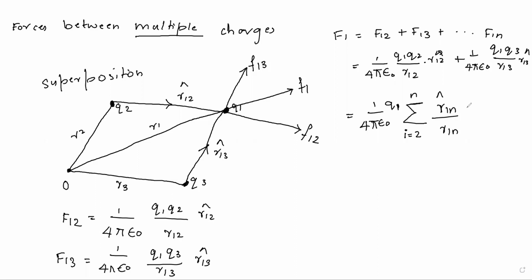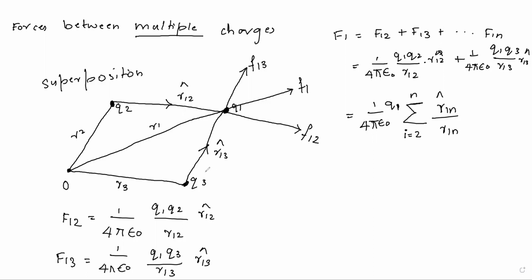What does this mean? This means Q1 is not changing. So we take Q1 and 4 pi epsilon naught outside the summation, and in the summation, i is from 2 to n. Therefore, the final expression will be 1 by 4 pi epsilon naught Q1 summation of i equal to 2 to n R1n hat by R1n.